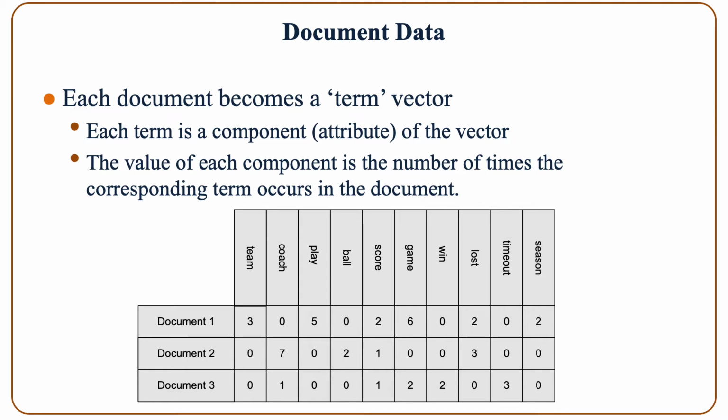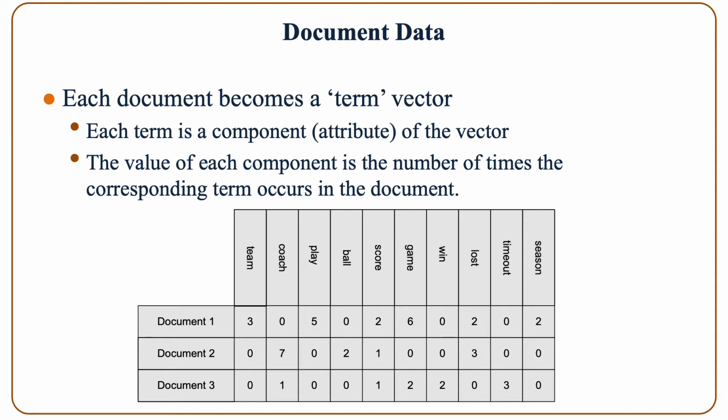Another data type in the same record data group is document data. Looking at the example in the slide, each document here as a row is a term vector. Each term is an attribute of the vector.